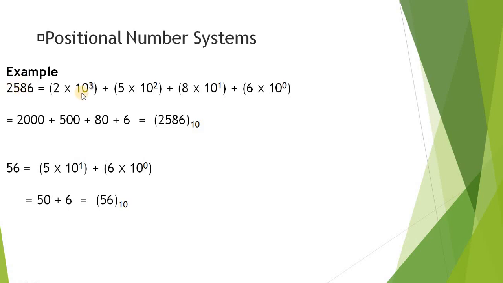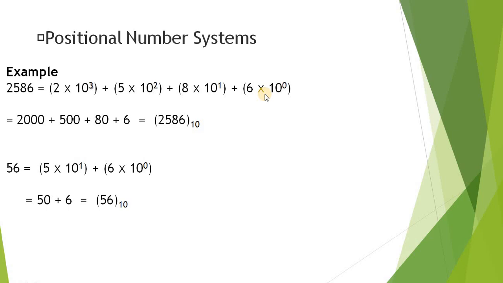These digits are not just placed somewhere, they have got specific value because we are multiplying these digits with the base value with the powers. So always this power starts with 0, 10 raised to 0, then 10 raised to 1, 10 raised to 2 and 10 raised to 3 and so on.